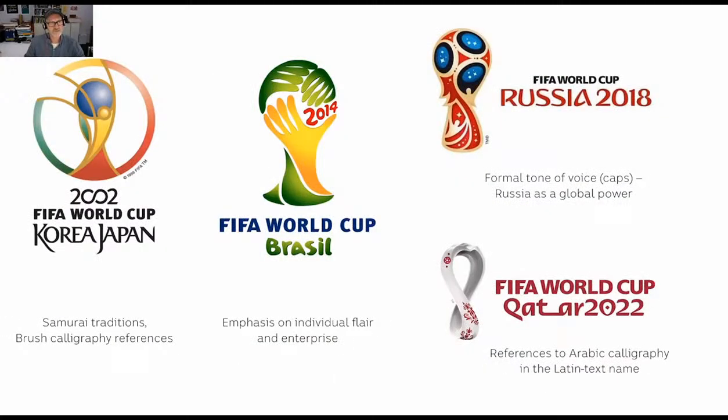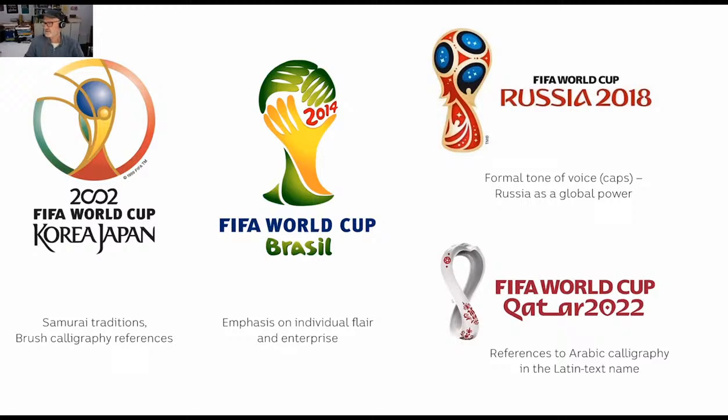I also looked at international sporting events that had cultural references in them. So the obvious ones are things like World Cups and Olympic Games. For example, if you have a quick look across those, most people would look at those typefaces that say each country and say, well, yeah, they carry some cultural traits of those countries.